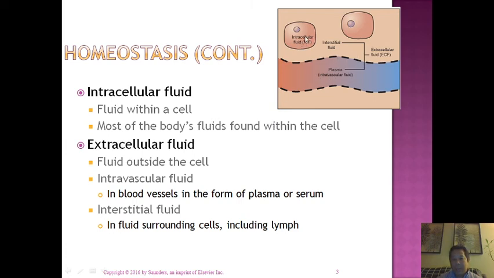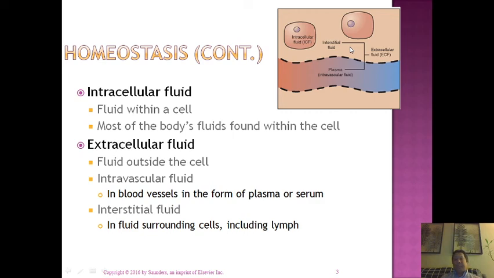Those that are outside the cells but inside the blood vessels are called intravascular fluid, and there are extracellular fluids that are outside the cells but not inside the intravascular compartment. They are in between the cells and around the cells, and these are called interstitial fluids.